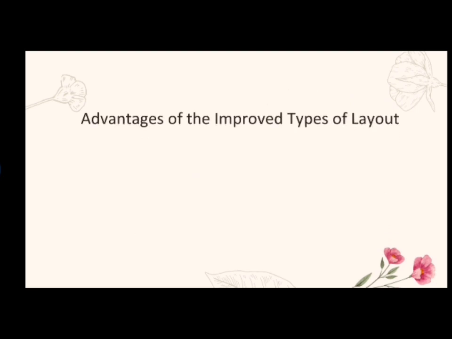So advantages of the improved types of layout. First one is easy control of pond water. If you make a layout of the fish pond, it should have strong control of the pond water. Next one is easy eradication of fish, pests, and predators.